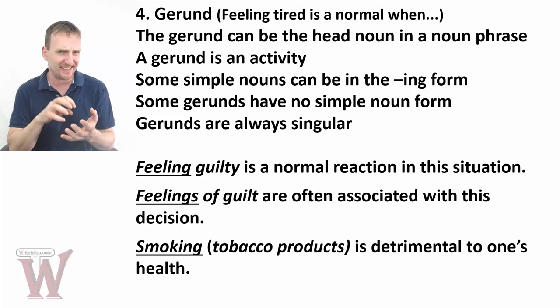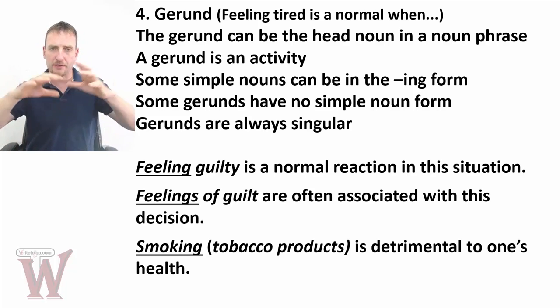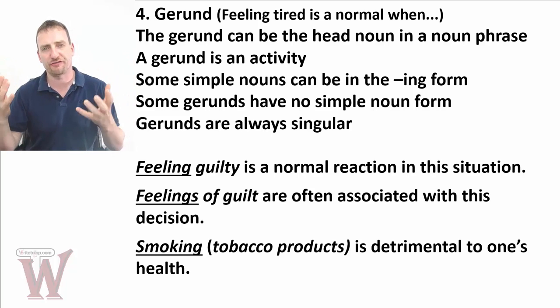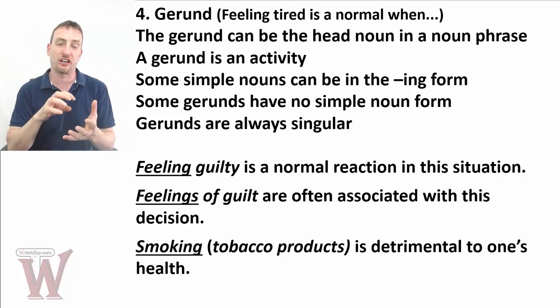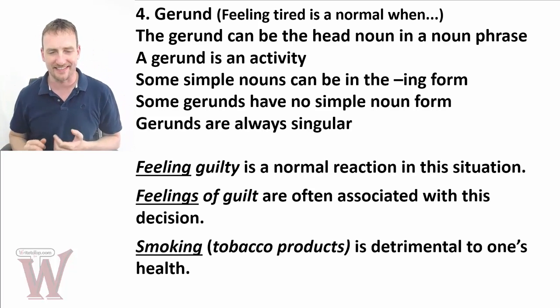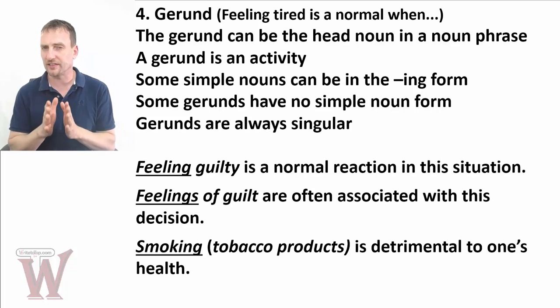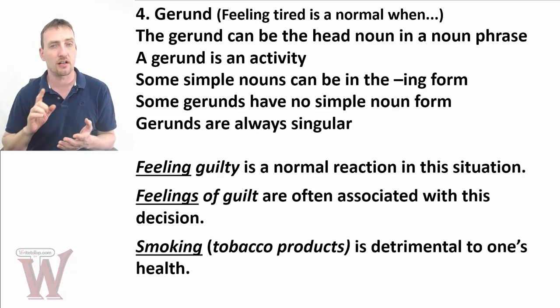Although, because it's technically still a verb, it can take an object. So that object becomes part of the gerund phrase, okay? And the gerund itself is the head noun of that phrase, which we're going to see in a second in examples. Some simple nouns can be in the ing forms. And this is where people get confused, because for some words, their simple noun form is an ing, but it's not a gerund. I'll show you an example.